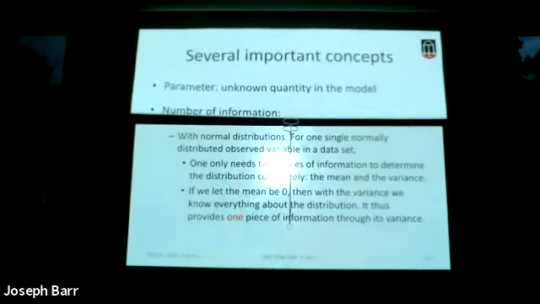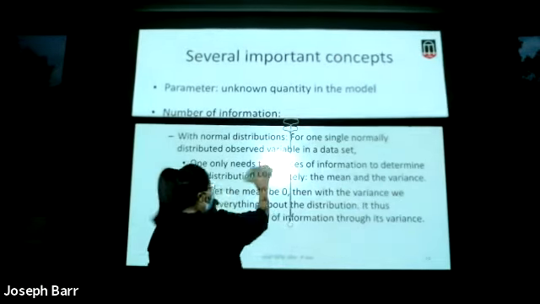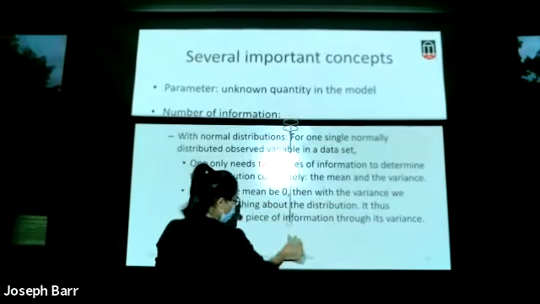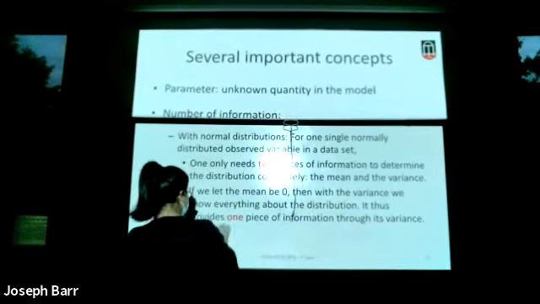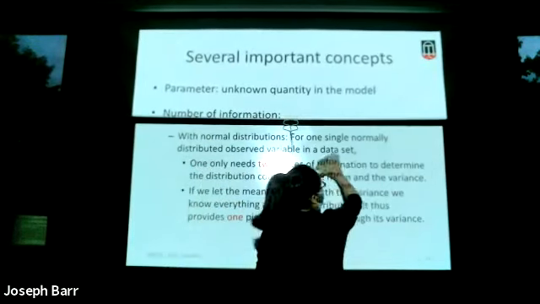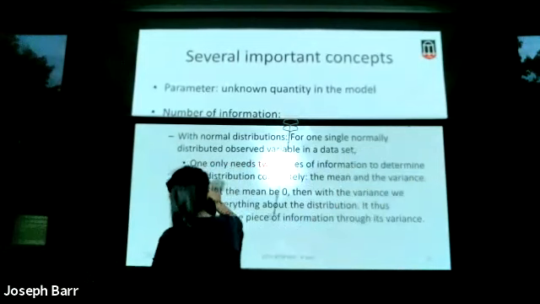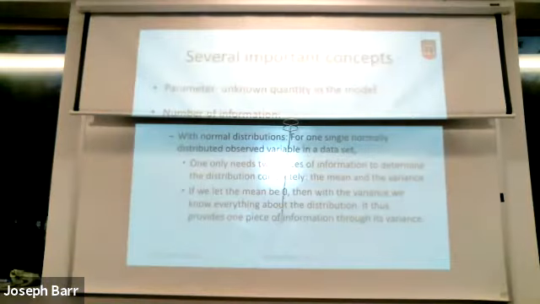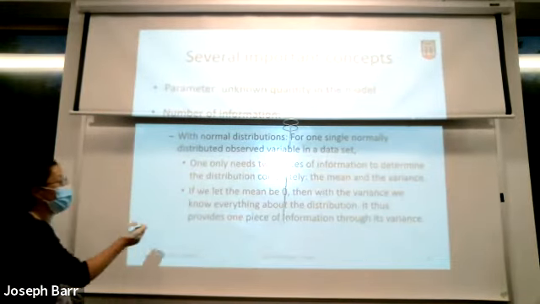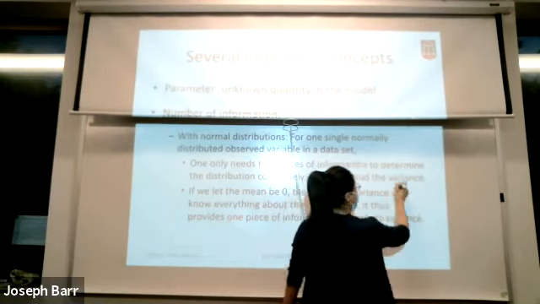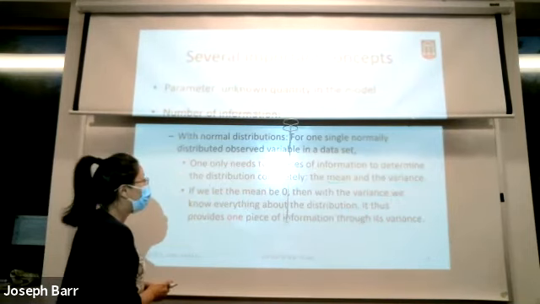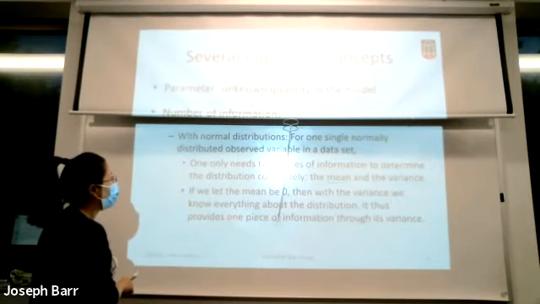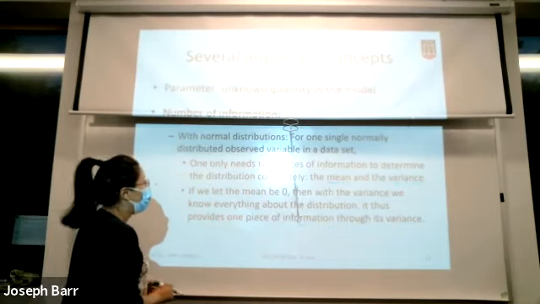Let's start from a very simple case. If we have one variable, we suppose it follows a normal distribution. For a normal distribution, we only have 2 parts of information, the mean and the variance. We have mu and sigma.